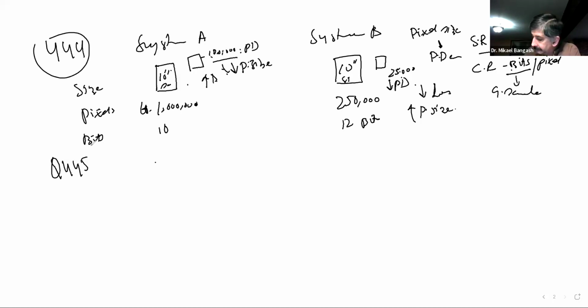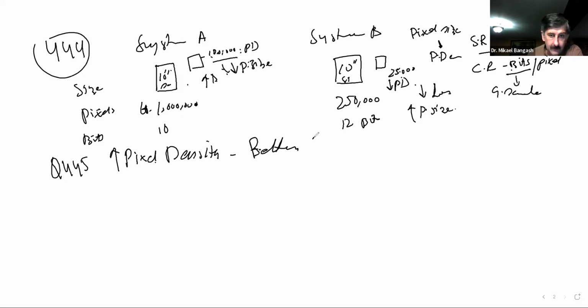Or 45. What happens to digital imaging when the pixel size density increases? And that's what we just had here. Now we can say, the greater the pixel density, what that is going to lead to is better spatial resolution.